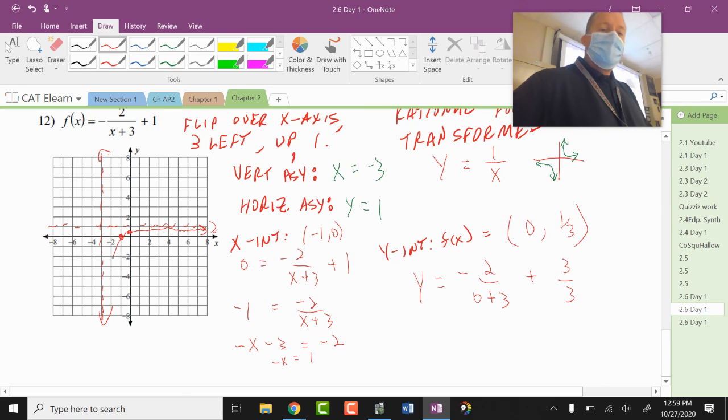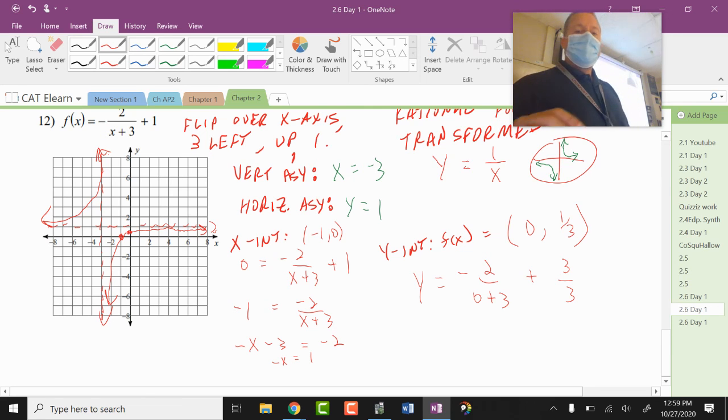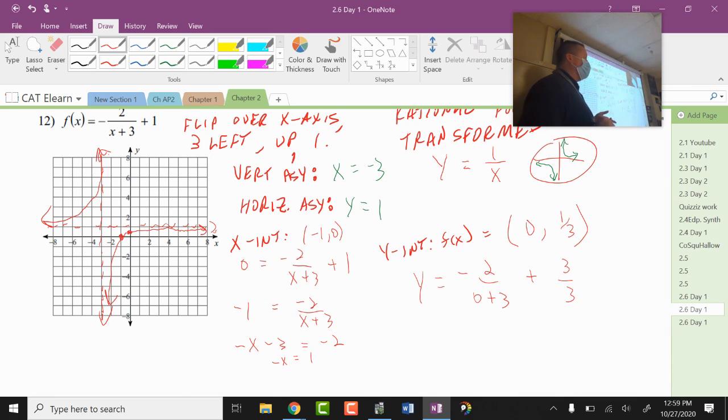Then it has to keep going. And then there's no x-intercept here, so it must be up here. And the reason I also know that is this got flipped off that I circled to the right. So it is above and below like this, going left to right. You can go out and check your calculator. I didn't graph this one in the calculator, I think, in most of the classes.